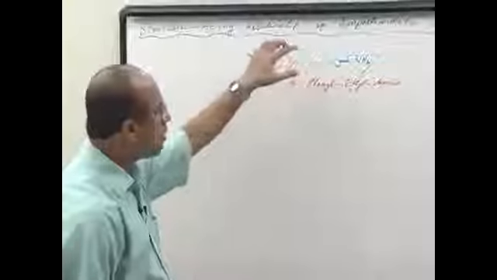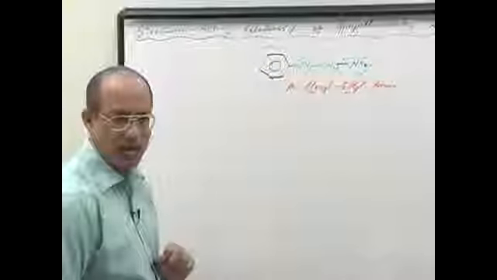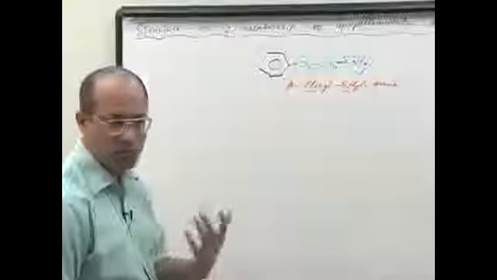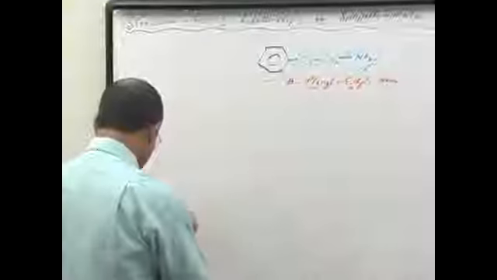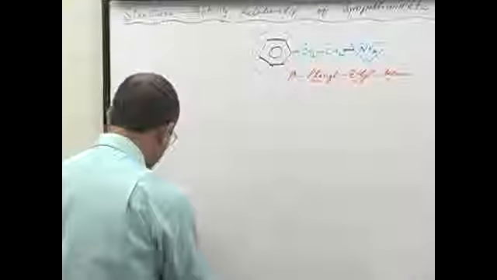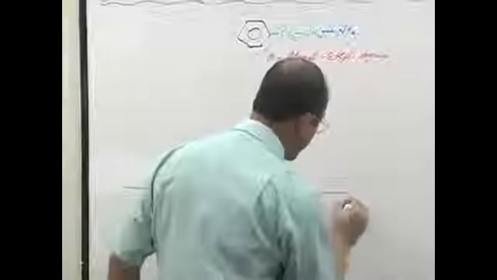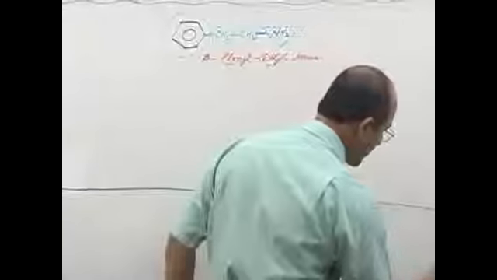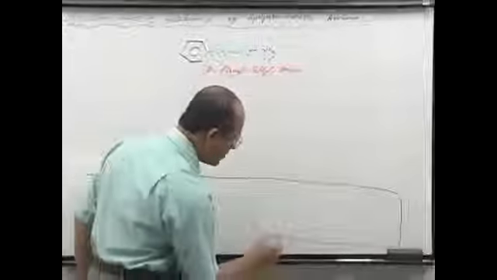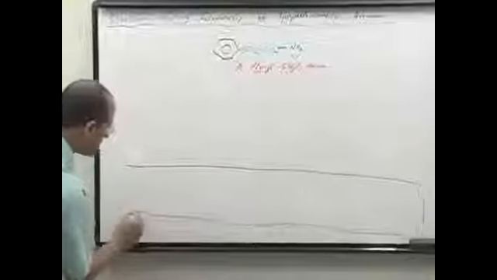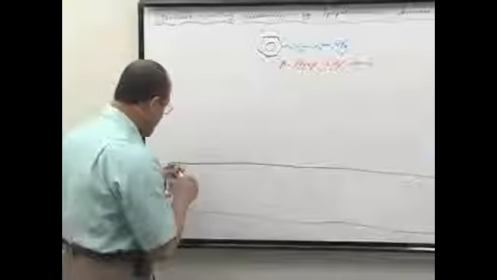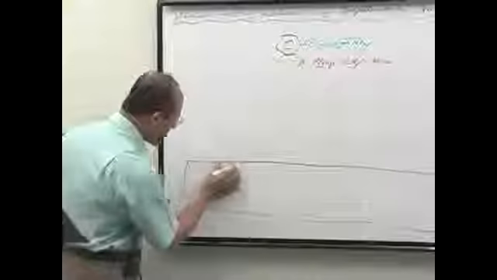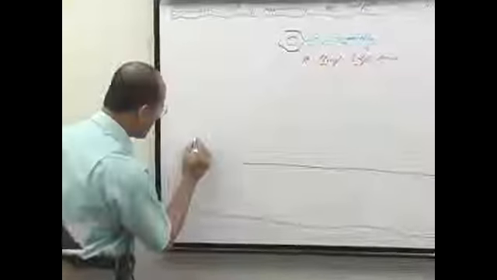How does this structure fit into the adrenergic receptor to produce its action? Let me draw a cell on which there are many adrenergic receptors. Suppose this is a cell and here I put one adrenergic receptor.